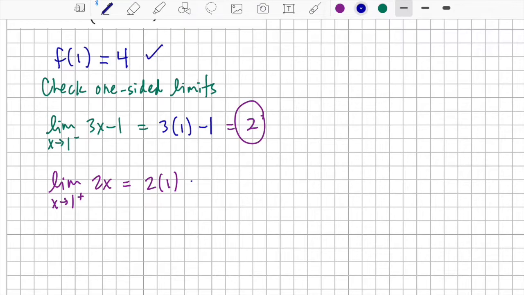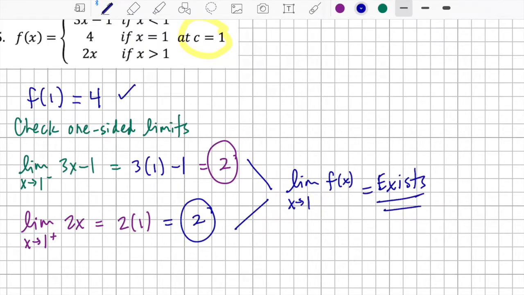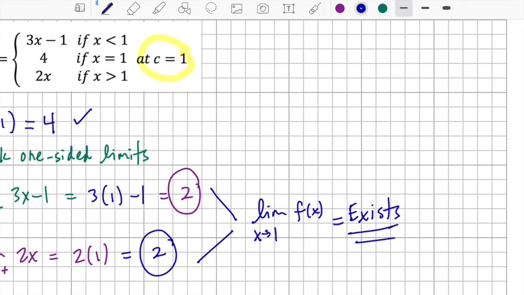So it's 2 times 1. 2 times 1 is 2. So now notice that the one-sided limits are equal to each other. What that tells me is that the limit as x approaches 1 of f of x exists. It's going to be 2 because the one-sided limits are the same.